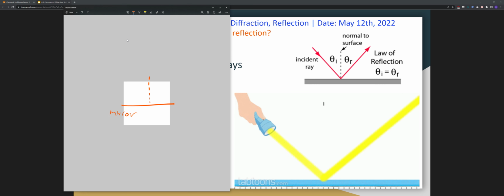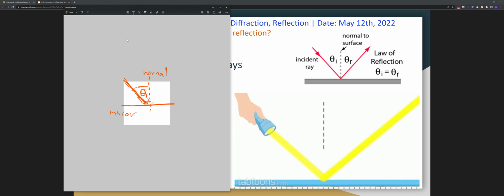A normal line is an imaginary line that is perpendicular to the surface of whatever your wave is bouncing off of. Here we have the incident light wave coming in at an incident angle.